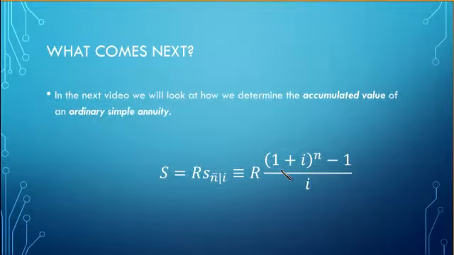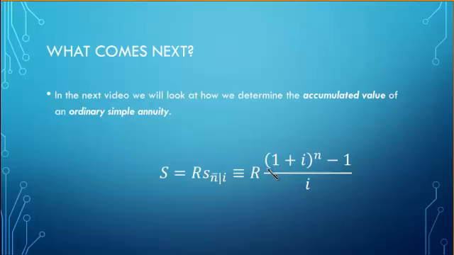So what comes next? Well, in the next video we will look at how you calculate the accumulated value of an ordinary simple annuity. So make sure you understand what we mean by the terms ordinary and simple. And here we have the expression we'll be using. Don't feel intimidated by it. It's quite easy to understand.